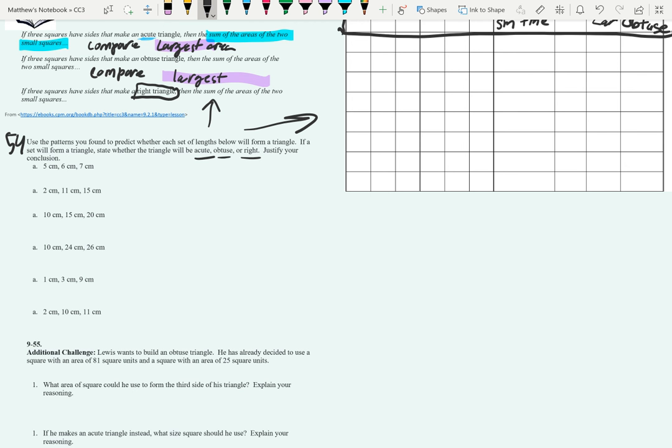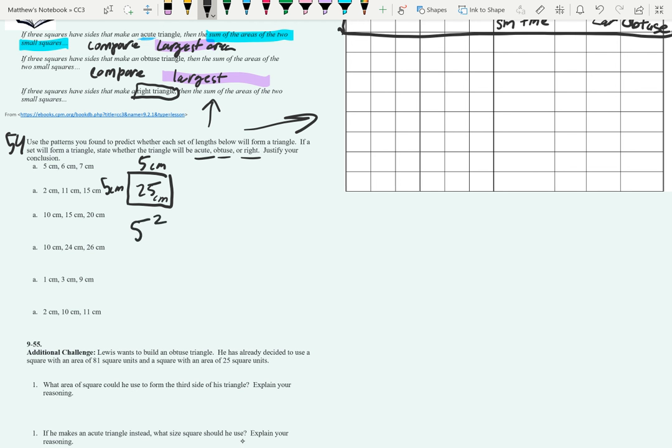So we've got 5 centimeters, 6 centimeters, and 7 centimeters as our side lengths. But again, we want to deal with the total area of a square that we'd be using. So if I've got 5 centimeters and I wanted this as the area or the square version of it, I would need to extend it by 5 centimeters down. And this gives me a square of 25 centimeters.